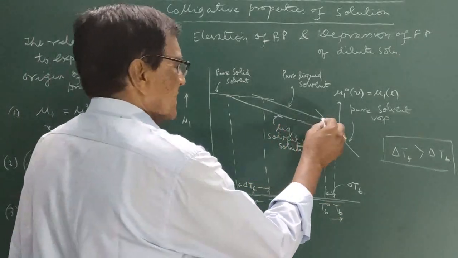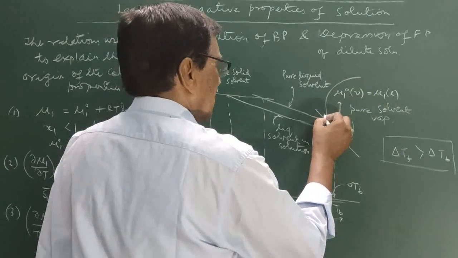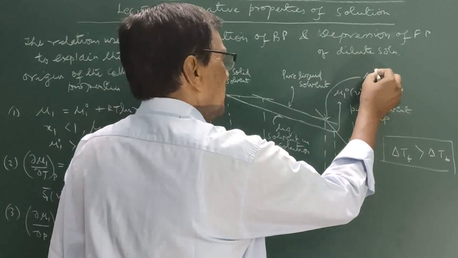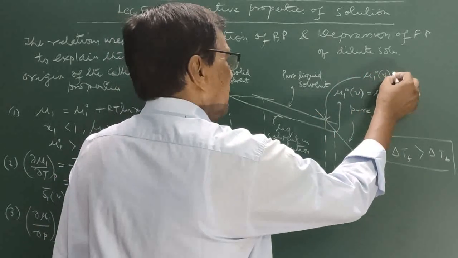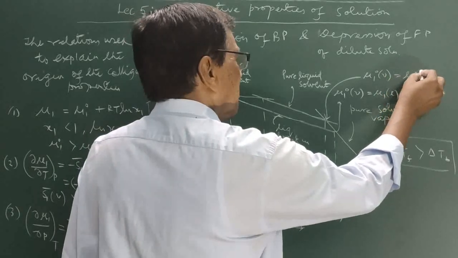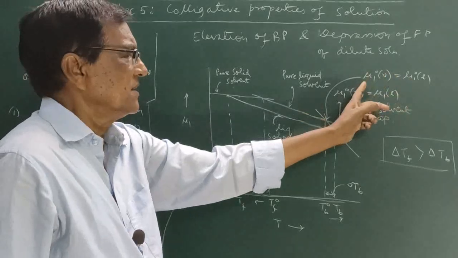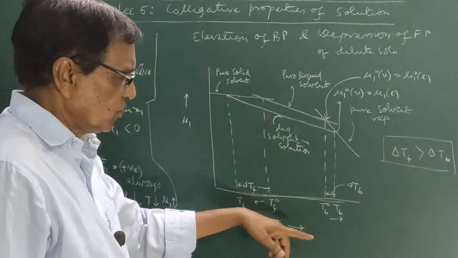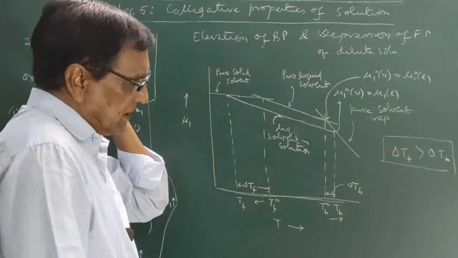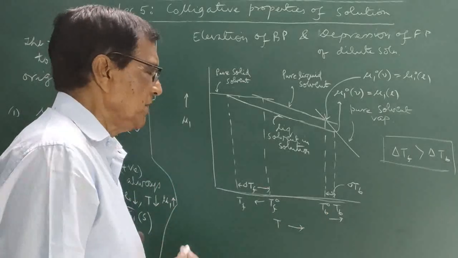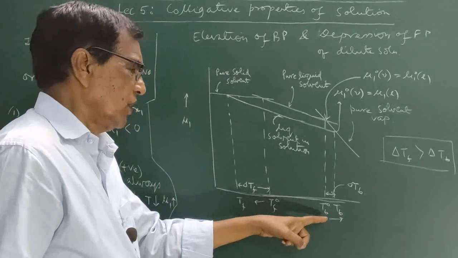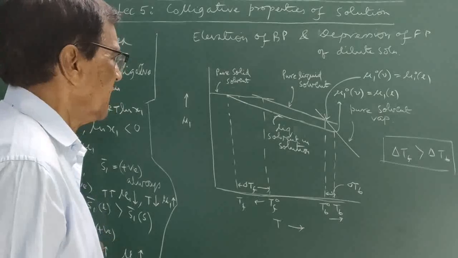In this case, mu1 naught V equals mu1 naught L. This equality occurs only when the temperature is TB naught, the boiling point of the pure solvent.